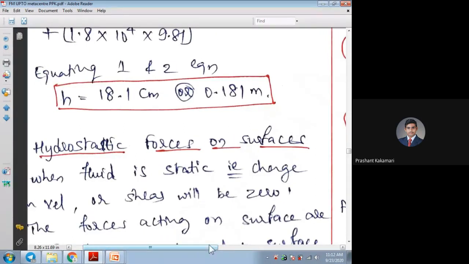Whenever the liquid column is present, the fluid is not flowing, and there are no external pressures acting on it, as you go from the surface to the bottom, the pressure keeps increasing as you go downward. Earlier we defined this by the hydrostatic law, P equal to rho g z. Rho g is the liquid property, density and gravity, and z is the depth of the liquid.